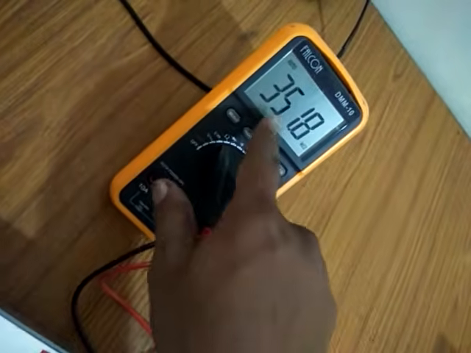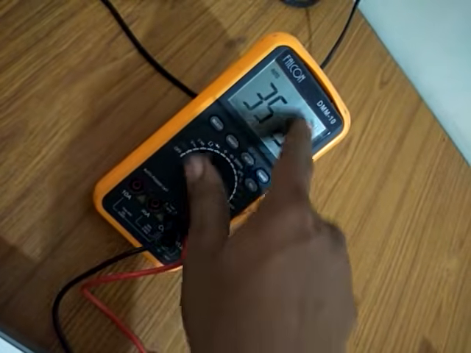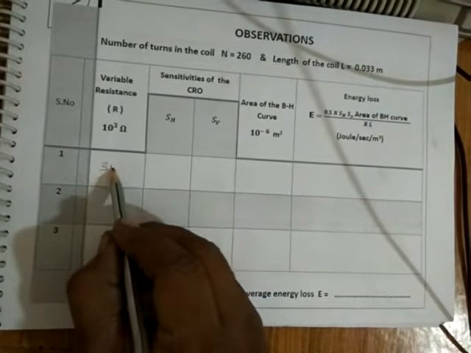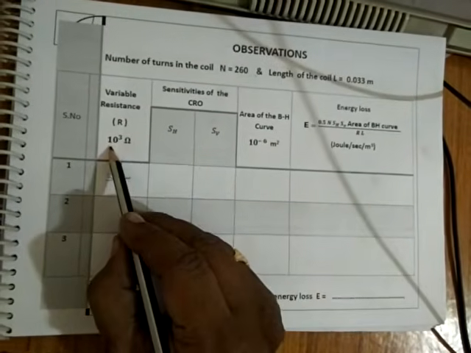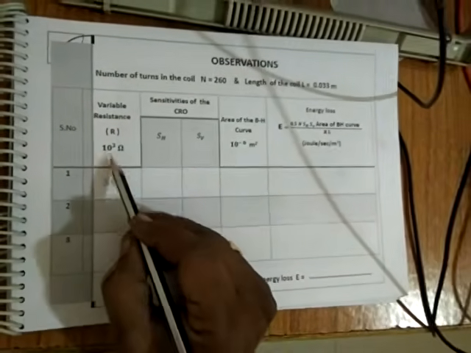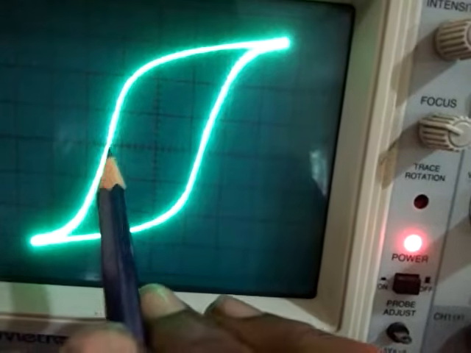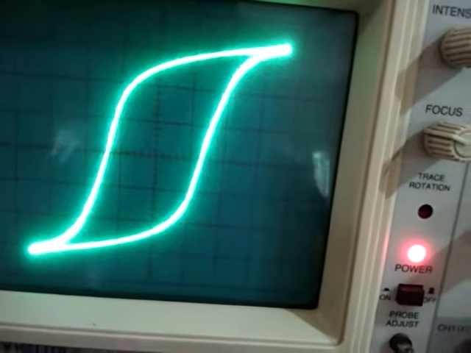And we can observe that the resistance in the open circuit condition is 352 kilo ohms. Write the value of 352 kilo ohms. It's already been given here as 10 power 3, so it represents kilo, so it is 352 kilo ohms.